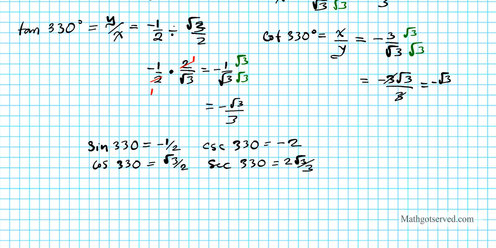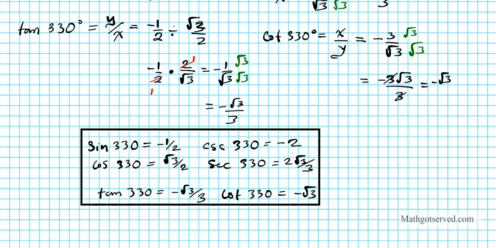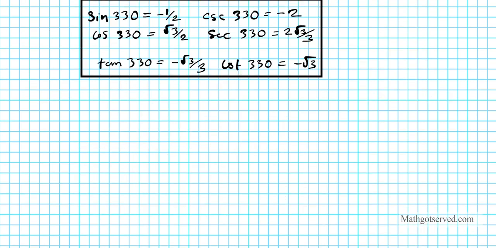Tan 330 is negative root 3 over 3. And cot 330 is negative root 3. So that's all your 6 trig ratios. All right, that's that. Let's go ahead and try out number 4.